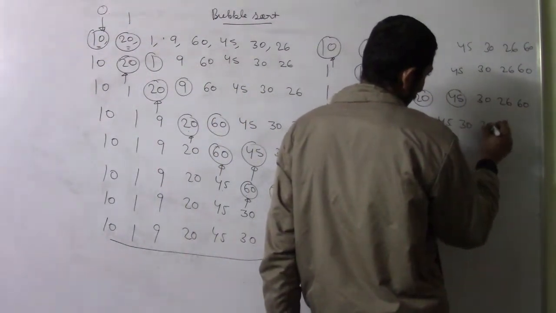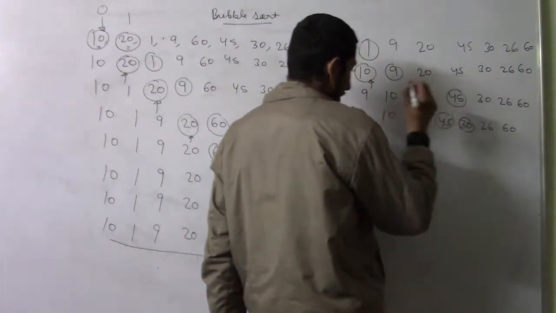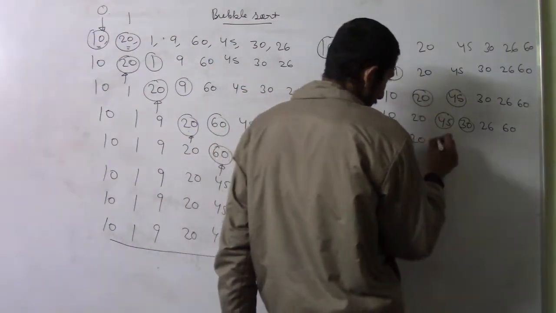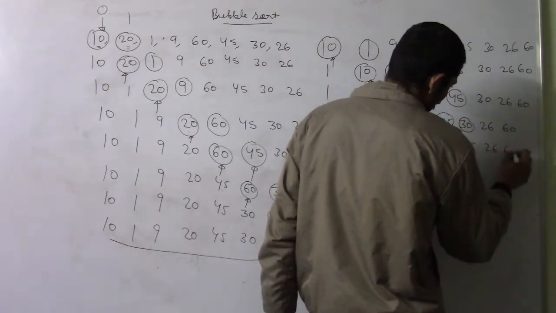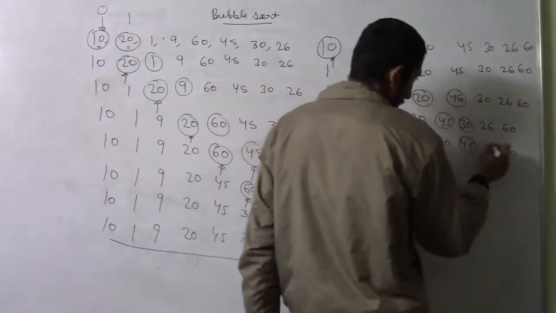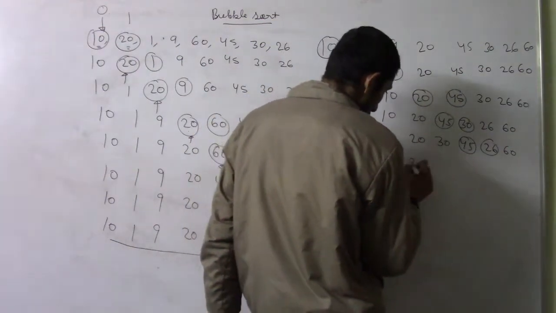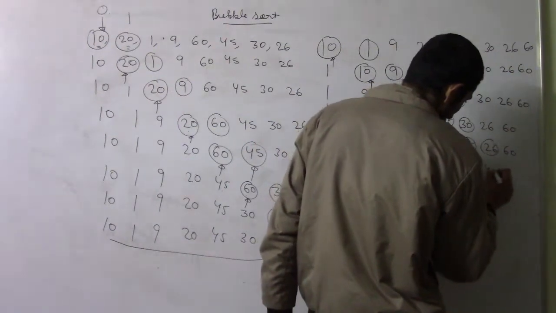Fourth time I will compare 45 with 30. Then what is going to happen? I will perform swapping. So it becomes like this, 26 and 60. The next time I will compare 45 with 26. So it becomes 1, 9, 10, 20, 30, then 26, then 45, then 60.